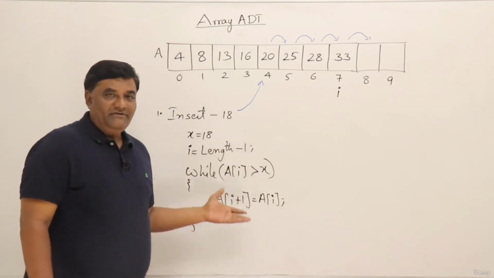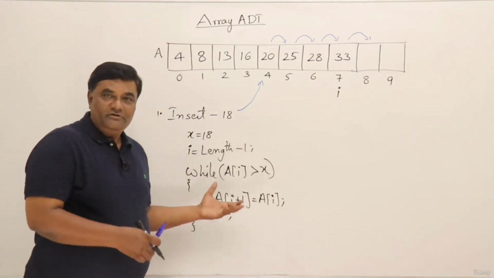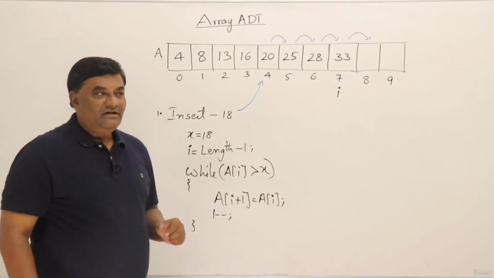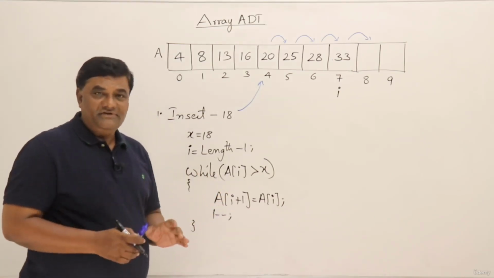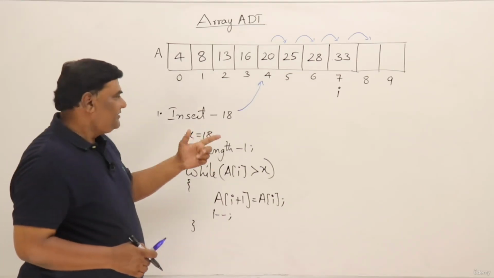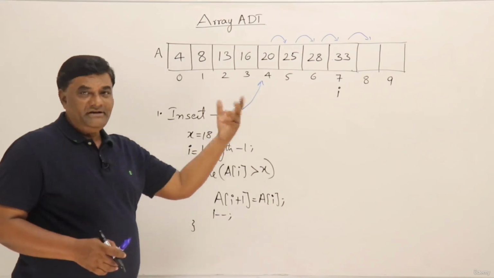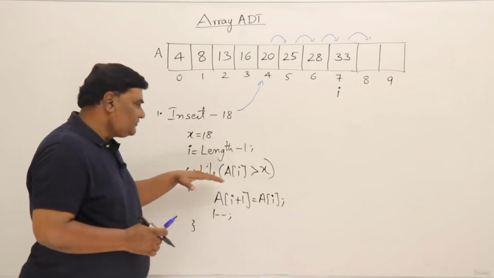So using a while loop, I have written the code. I can use a for loop also, but a for loop is useful when you know how many times you are going to repeat, and in a while loop, we don't know how many times we are going to repeat. We have to repeat based on the condition that this element is greater than x, then shift it. So I have used a while loop.